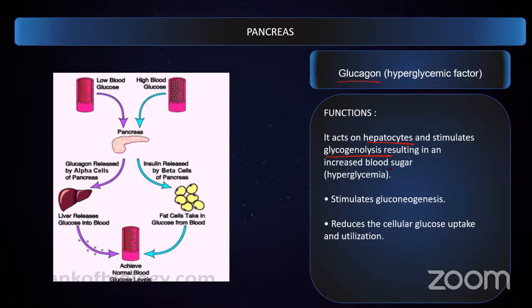Whenever there is an increase in blood sugar, this condition is called hyperglycemia. What is hyperglycemia? It is an increase in glucose levels in our blood, and that is possible because of stimulation of glycogenolysis as well as gluconeogenesis.